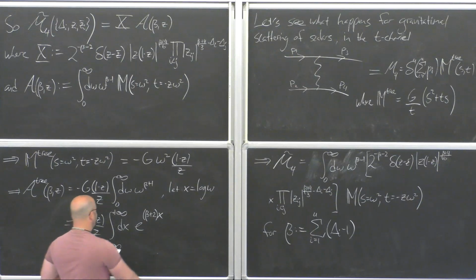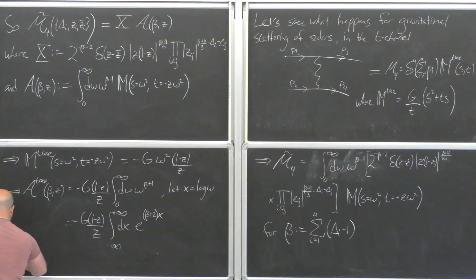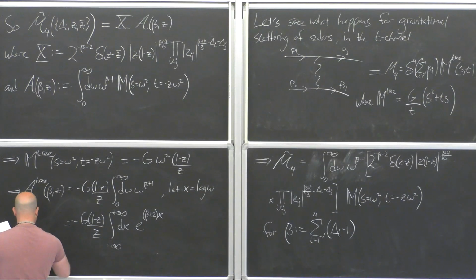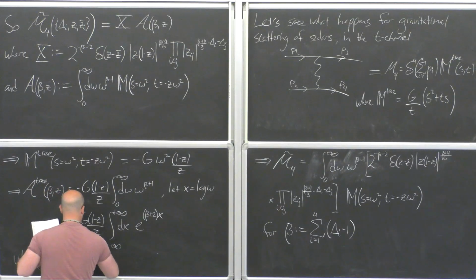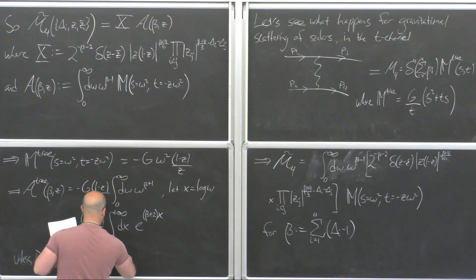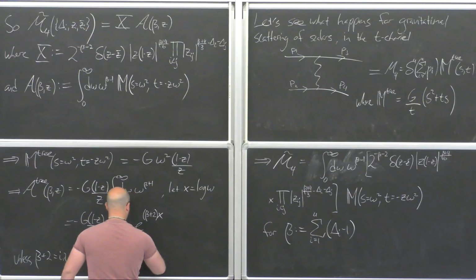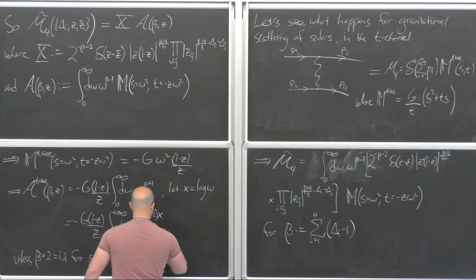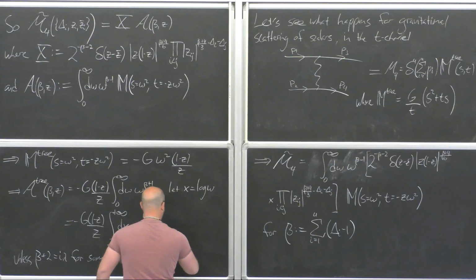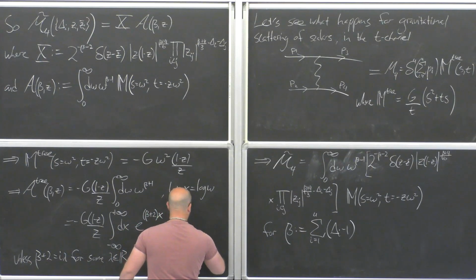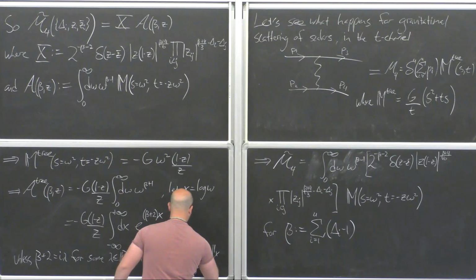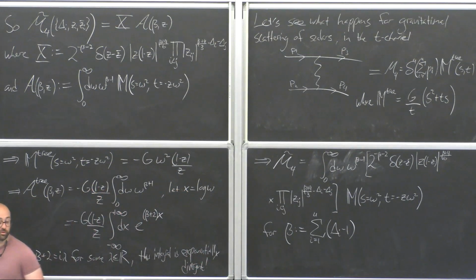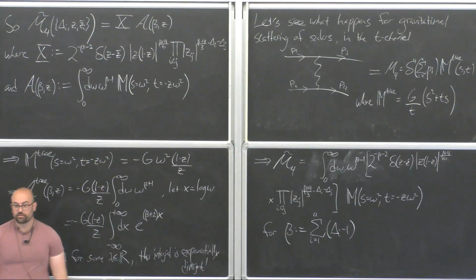So unless beta plus 2 is imaginary, this integral is exponentially divergent. Right, so in this case, you would get a delta function.